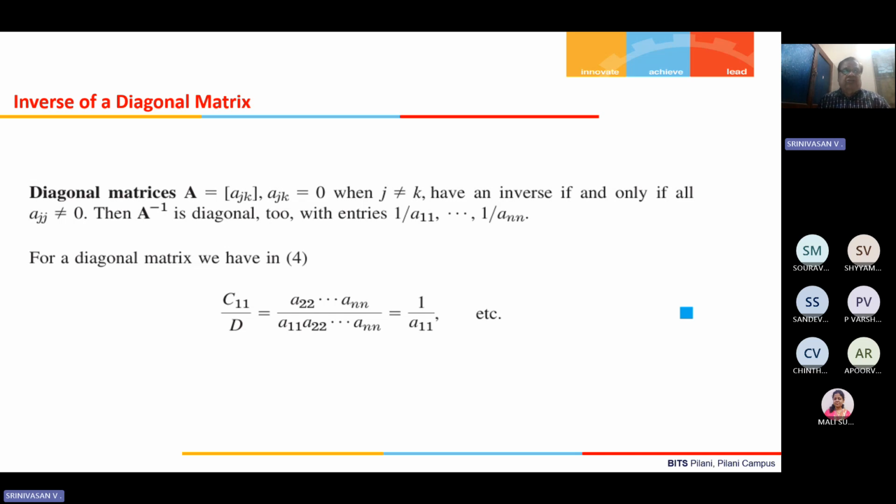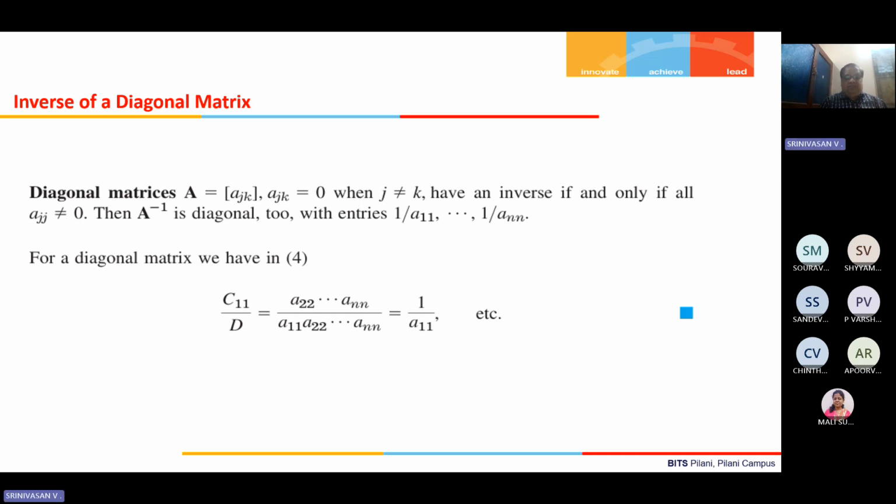If all of them are zeros, it becomes a zero matrix. Practically, suppose you have a 3 by 3 or 4 by 4 matrix, all principal diagonal elements are non-zero, and maybe one 0 might be there, but it should be non-zero anyway.